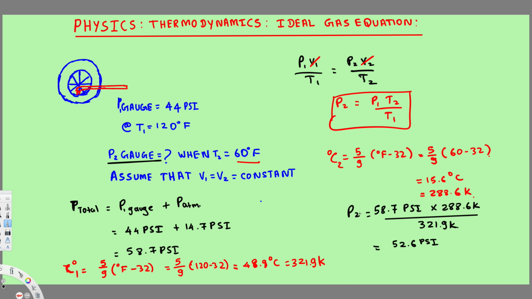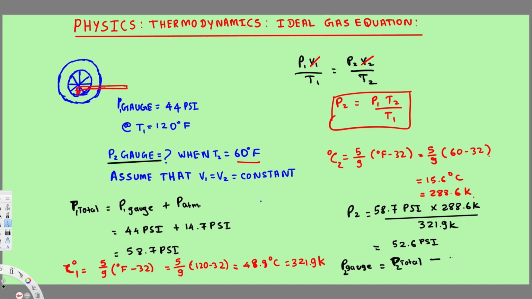Right now we are trying to find the P gauge. To find this one, we just have to subtract. So P2 gauge is equal to P2 total minus ATM.